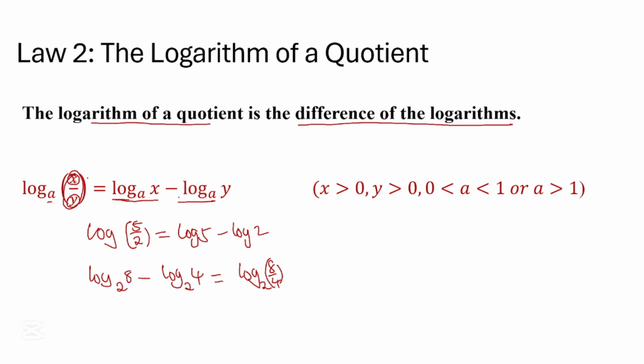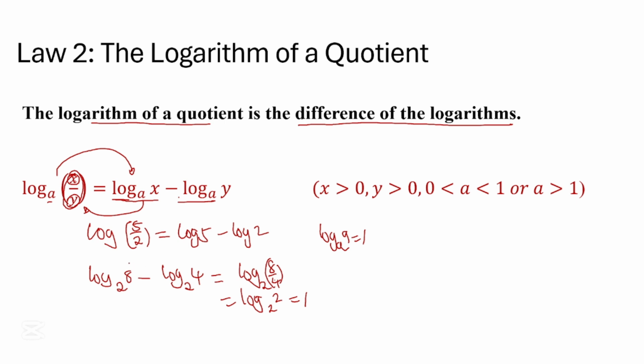Remember, you have to move from this to this and also from this to this. So 8 divided by 4 is 2, so we have log 2 to base 2, which is equal to what? Which is equal to 1, because we said that log of a to base a is equal to 1.